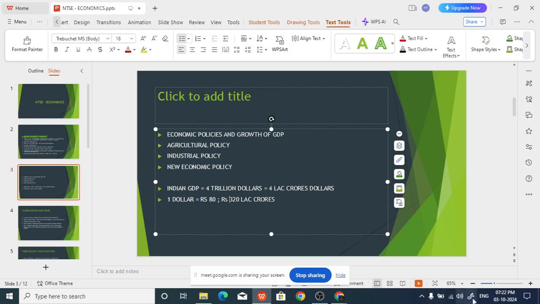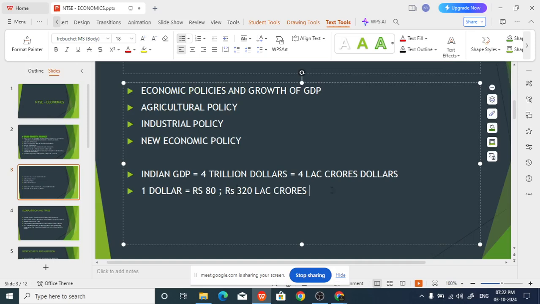I think I have to make it bigger now, it looks very small. So let us say USA's GDP is $30 trillion. So they are nearly 7 times bigger in terms of GDP. And China is about $20 trillion.